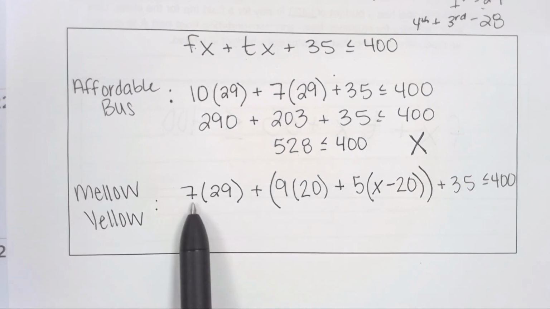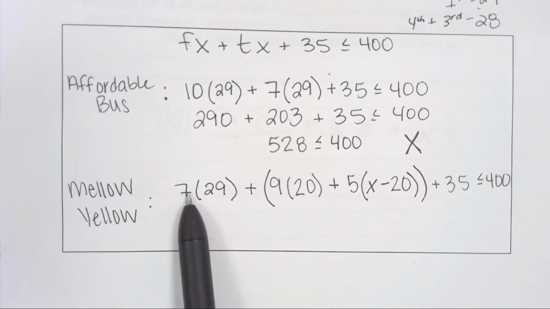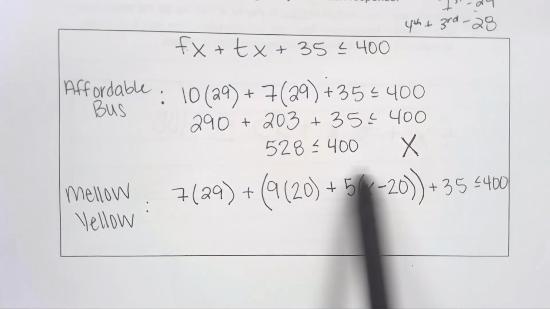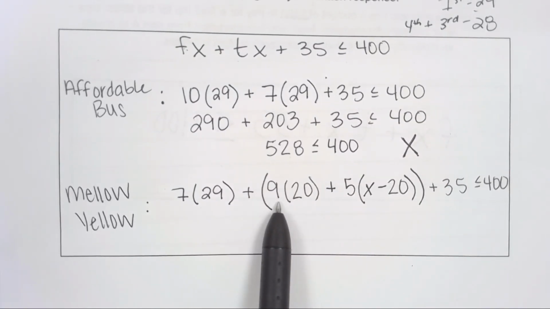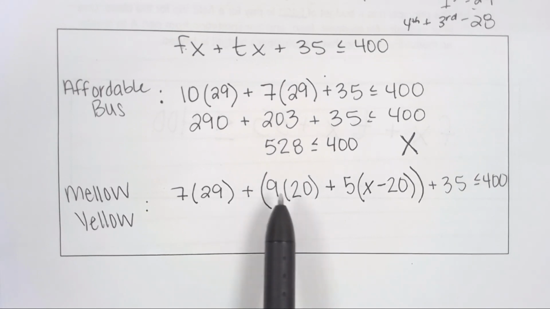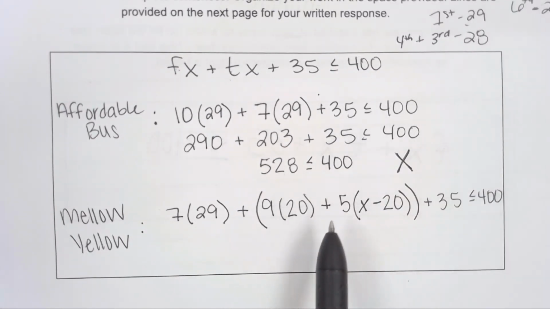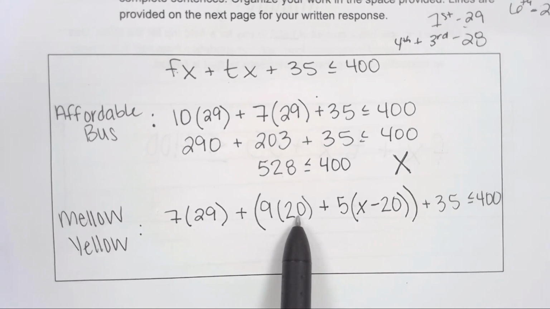Okay, so let's review this. Hopefully you guys understand the cost of food was just the 7 times 29 like we did up here, okay? However, the transportation, it was $9 for the first 20 students. So that's why you had to take your 9 times 20, even though first period has 29 students in their class, because you're only paying $9 for the first 20 students.